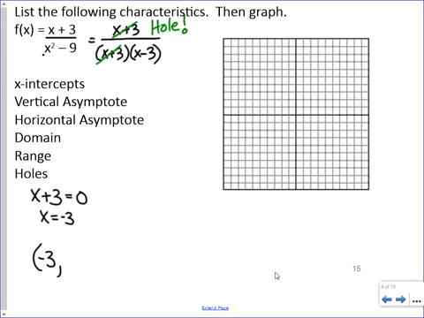So 0 over 0 is kind of a weird thing. We call it indeterminate. We don't really know what that means, 0 over 0. So we can't find the y value by plugging it back into the original function. We're going to plug x equals -3 back in.